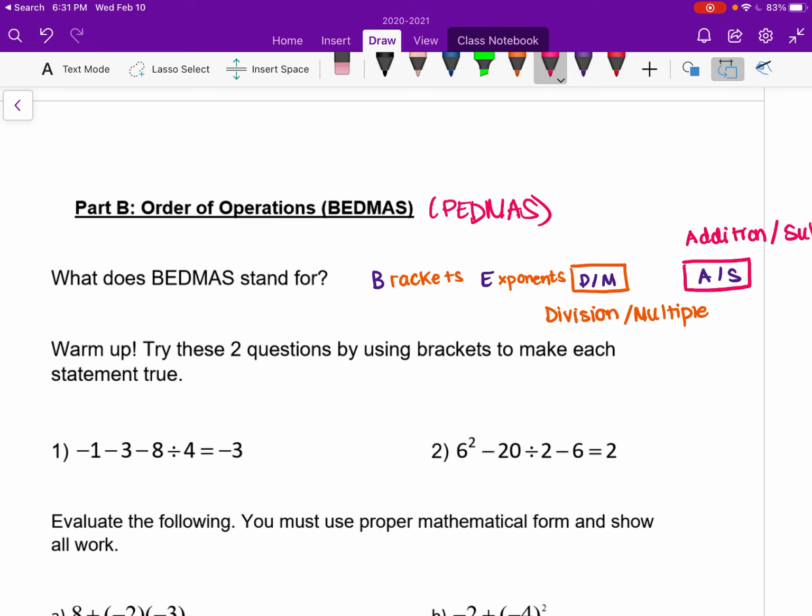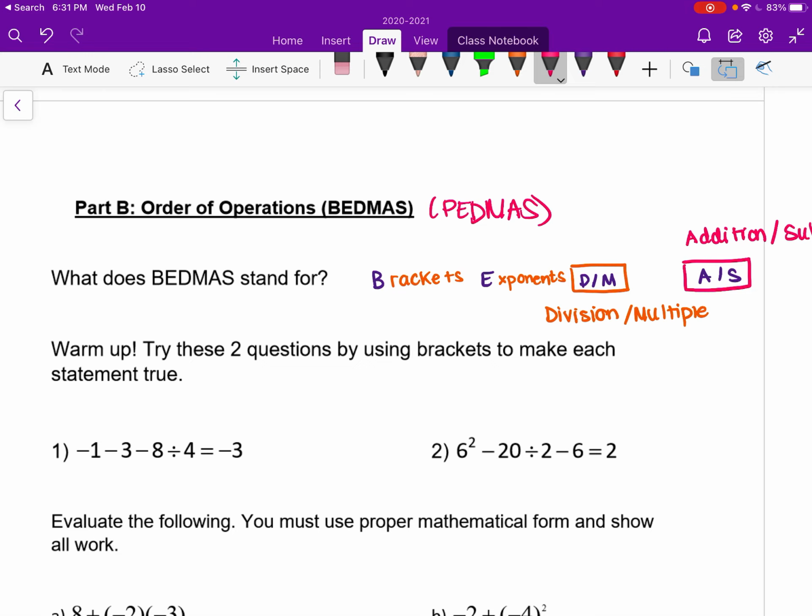This is really important, because if you do not do it this way, you will get a different number. If you've ever seen those questions on the internet, like how would you solve this? That's why. Because if you do not follow BEDMAS, you will get the wrong answer. So please always follow BEDMAS.